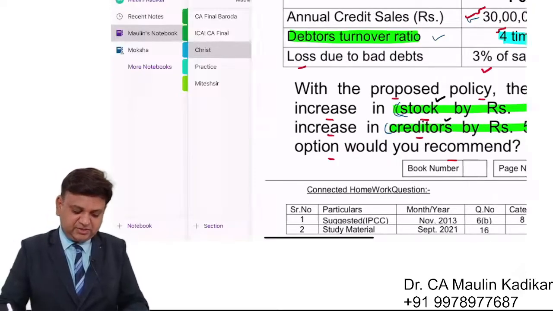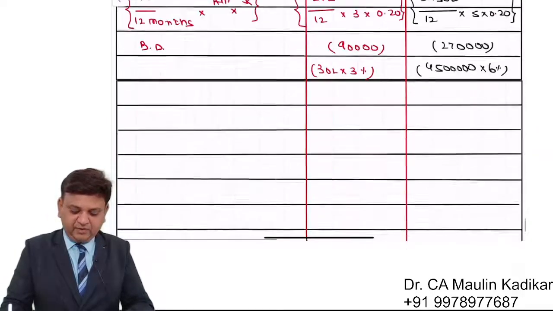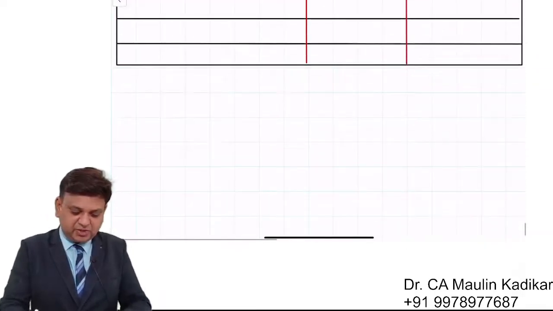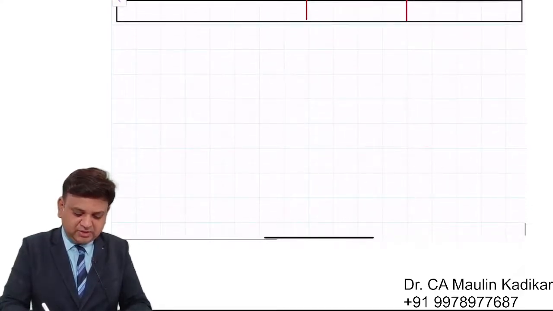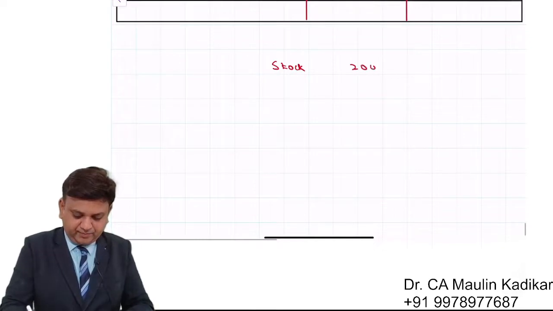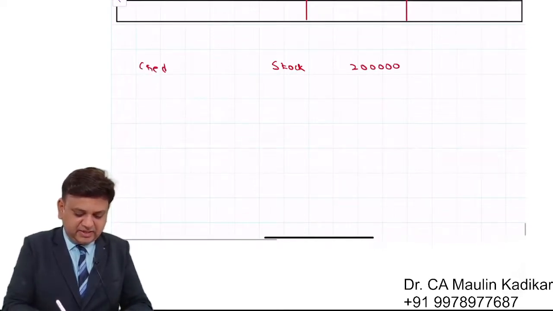We know, friends, that stock is an item of current assets, and creditors is a current liabilities item which increases by 50,000.